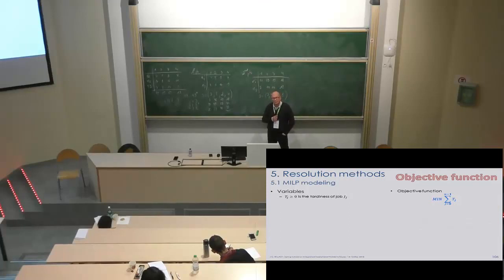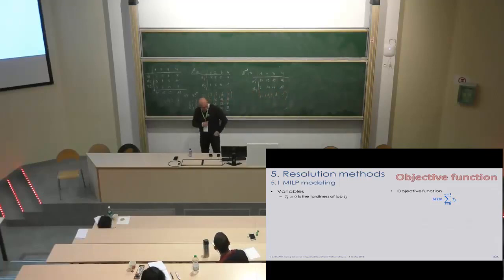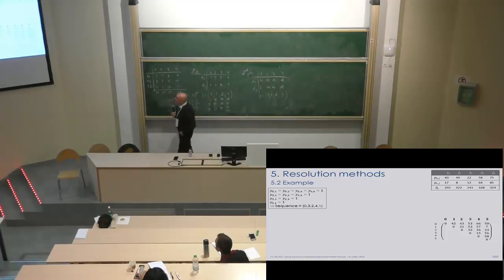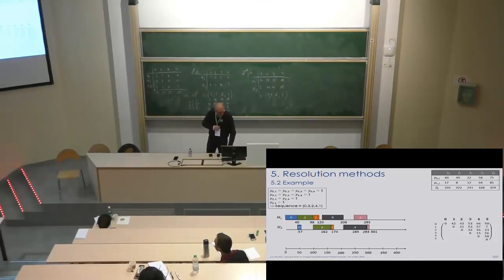Maybe I will send you the slides before tomorrow, so you will have the slides if you want. Illustration by the same example as before. We obtain these values for the variables: y_01, 02, 03, 04 equal to 1, y_31, 32, 34 equal to 1, etc. So the sequence is 0, 3, 4, 0, 3, 2, 4, 1.